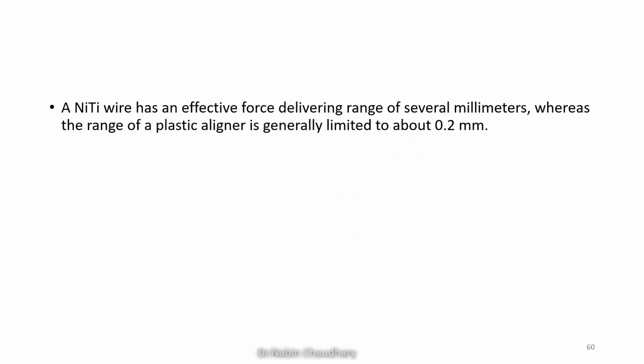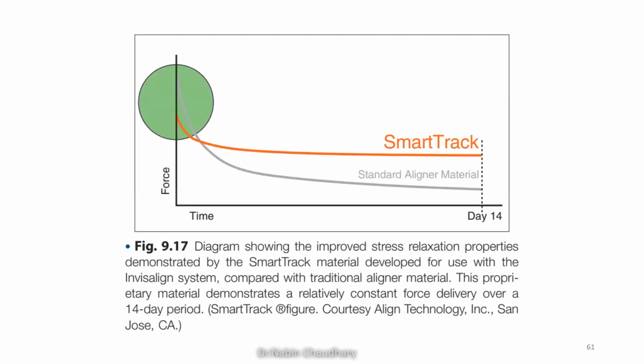In conventional fixed orthodontic treatment, our wire has an effective force delivery range of several millimeters, whereas in case of the plastic material, the force delivery is generally limited to only 0.2 mm according to the profit. So when the range is only 0.2 mm, for 1 mm of movement we generally require 5 clear aligners to move the teeth into the desired position. So for 3 mm of movement we will generally require 15 clear aligners to perform the desired tooth movement.